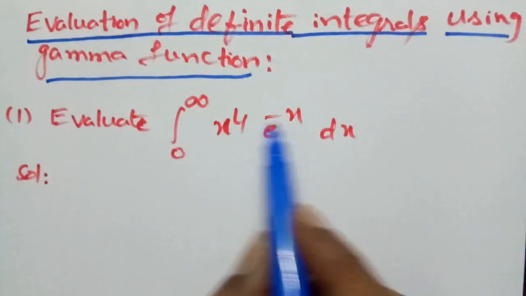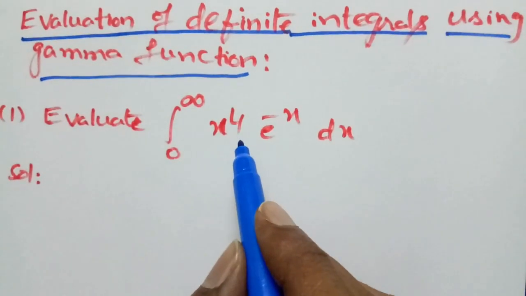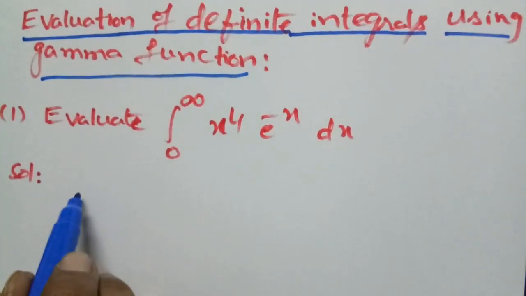Here, integration of integral 0 to infinity x to the power of 4 e to the power of minus x dx.